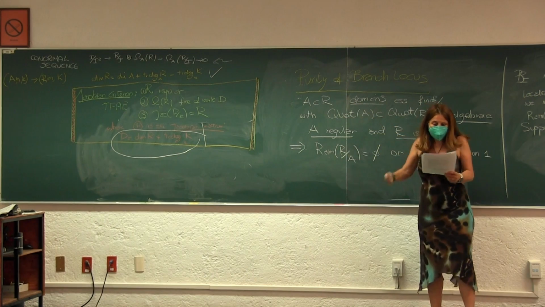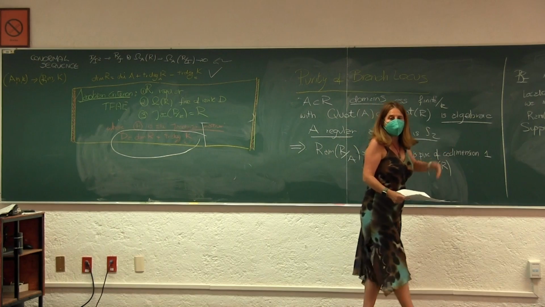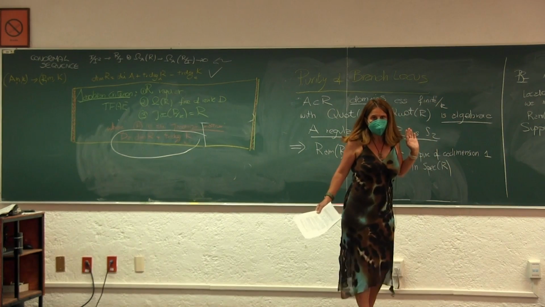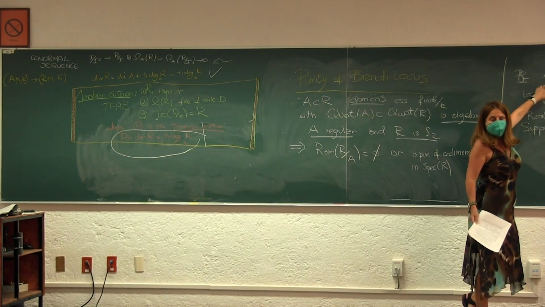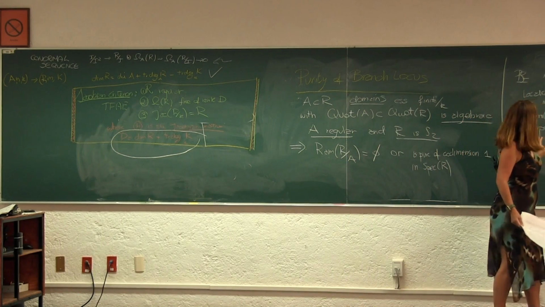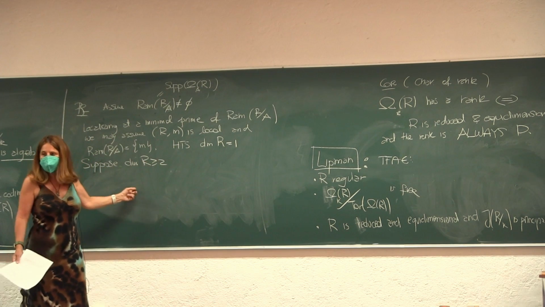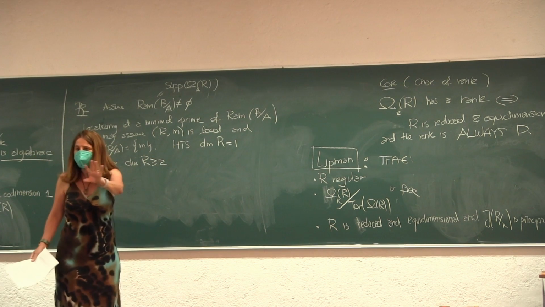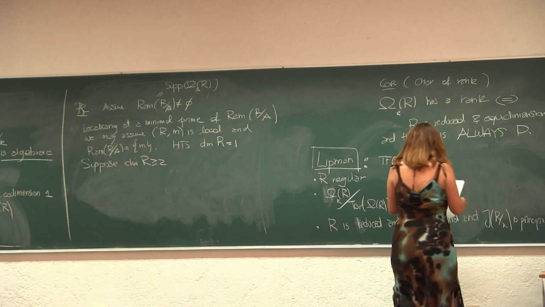And the extension is algebraic, so the module of differentials would be 0, and then the ramification locus would be empty. But we assumed the ramification locus is not empty. So our assumption tells us that this dimension cannot be 0. Clear for everybody?